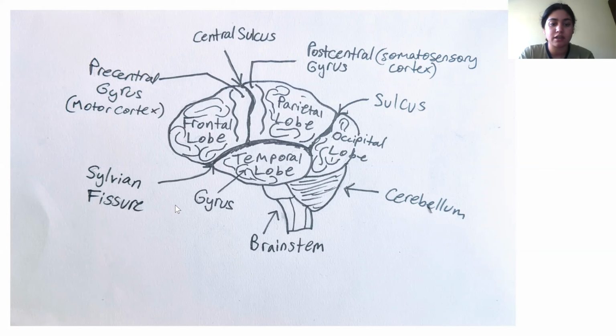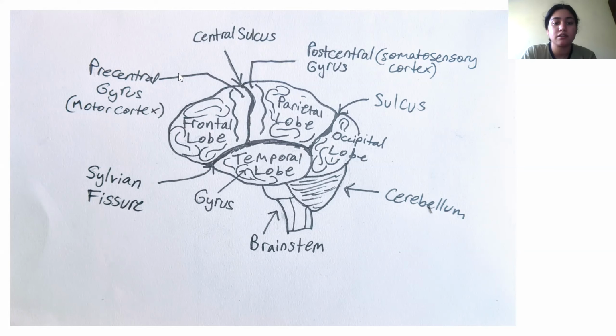And dividing the lobes are deep grooves called sulci, or individual sulcus. The deep groove that separates the temporal lobe from the rest of the brain is the Sylvian fissure.